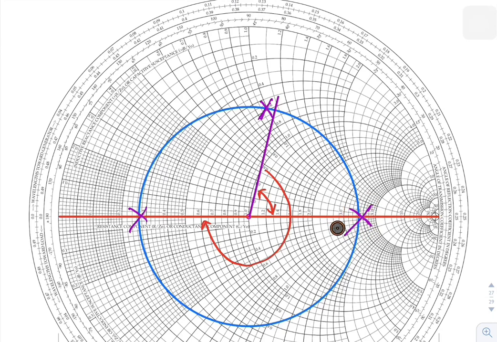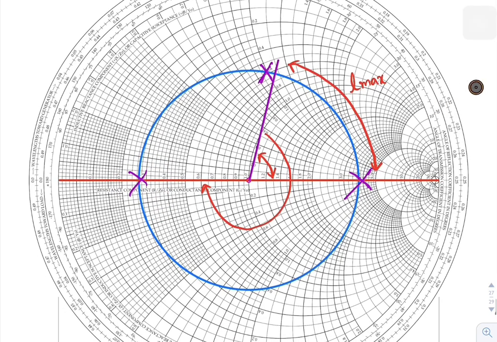Since this point represents Z max or V max, let us call this length as L max, and this point represents Z minimum.